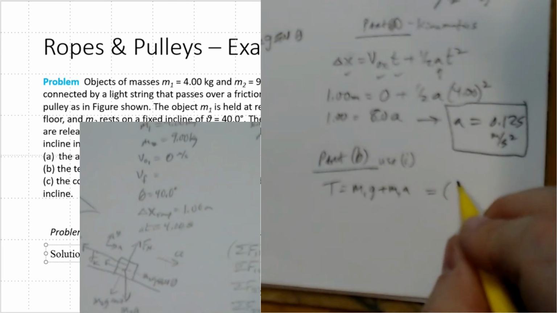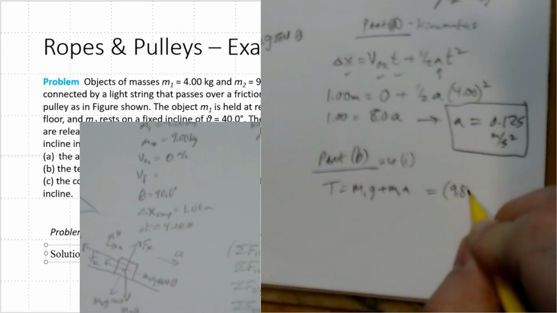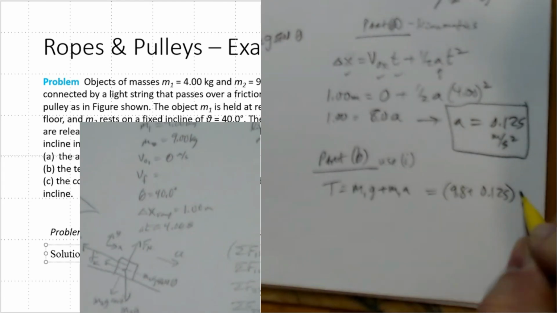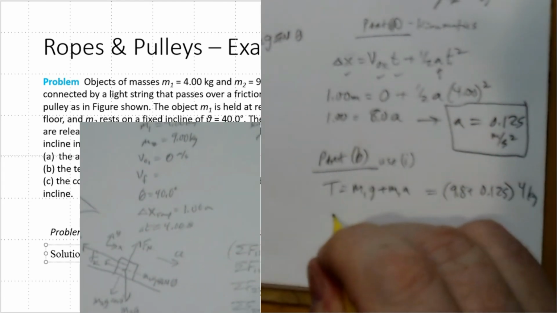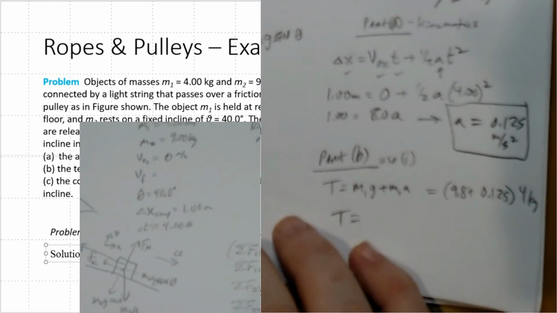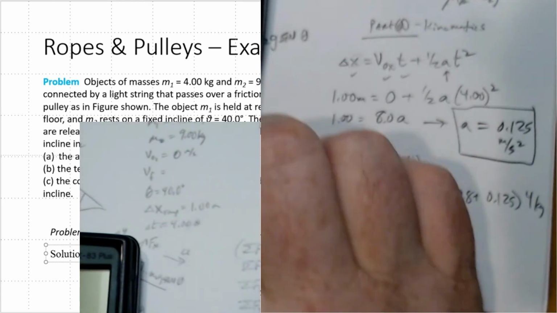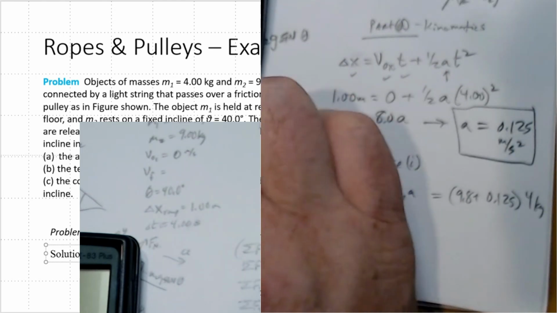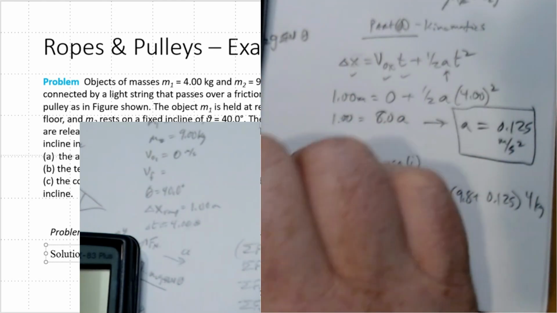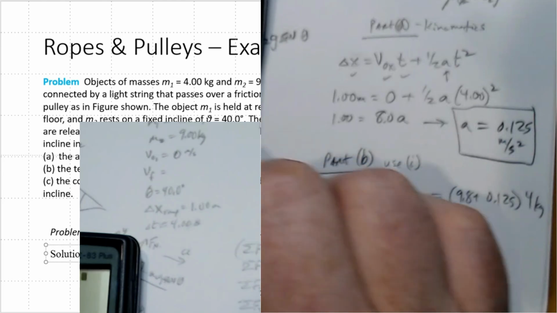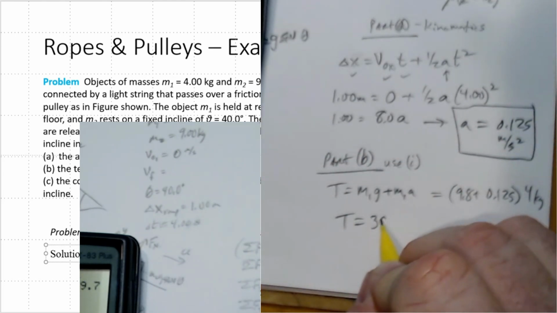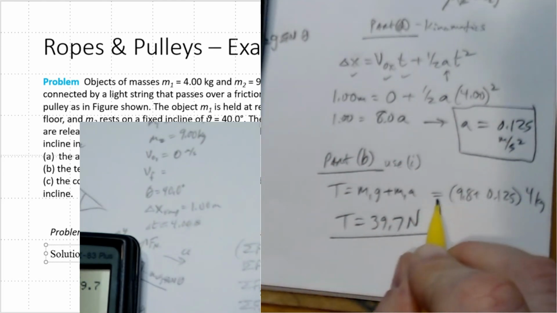This is going to be 9.8 plus 0.125 times the mass. Mass 1 is 4 kilograms. Tension in the string is 9.8 plus 0.125 times 4, 39.7 newtons.